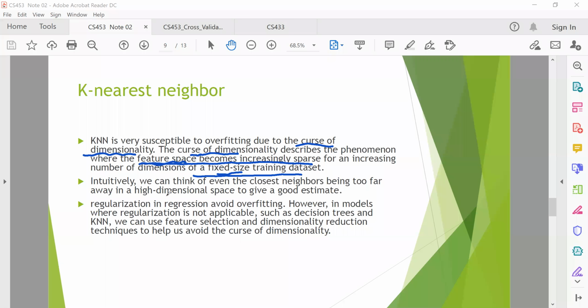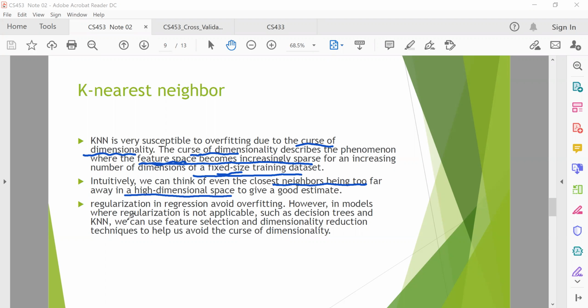Then how do we deal with this? Intuitively, we can think of even the closest neighbor being too far away in high dimensional space, if you have too many features considered.